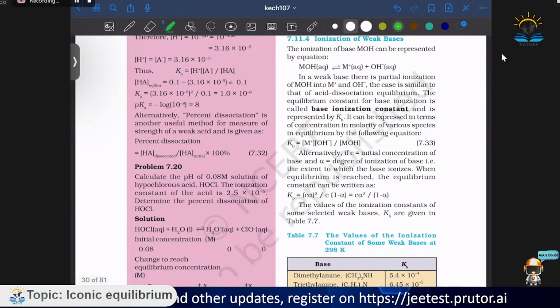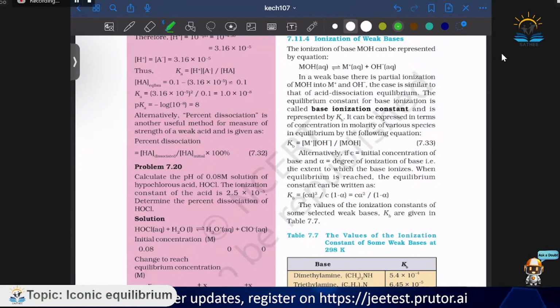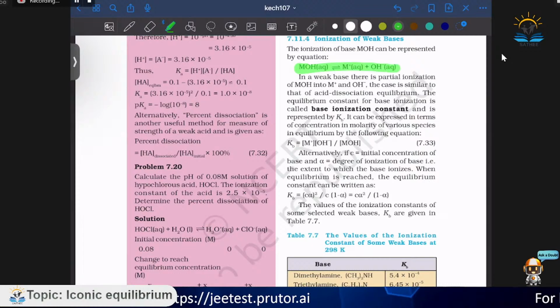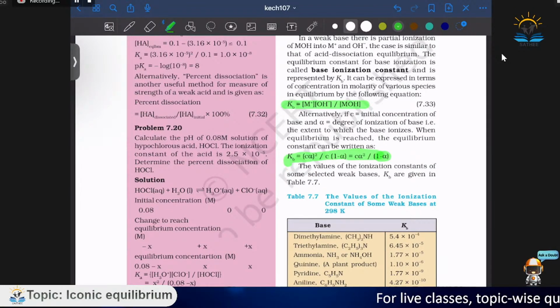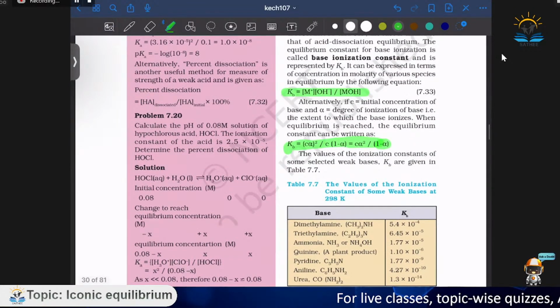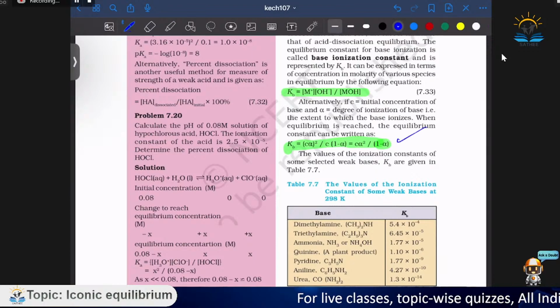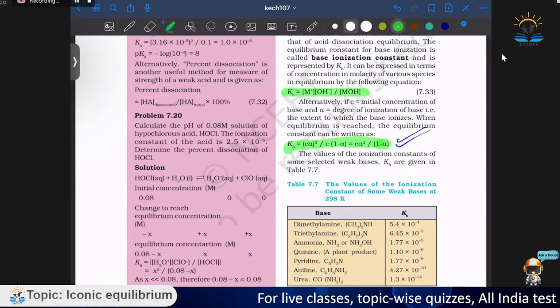Similarly, there is ionization of weak bases in which Ka is replaced by Kb, and again you have to ignore water here. This is the final expression which you need to remember. This one is basically the same because it is a monoacidic base. That was also a monobasic acid. So both of them have similar expressions in terms of degree of dissociation.